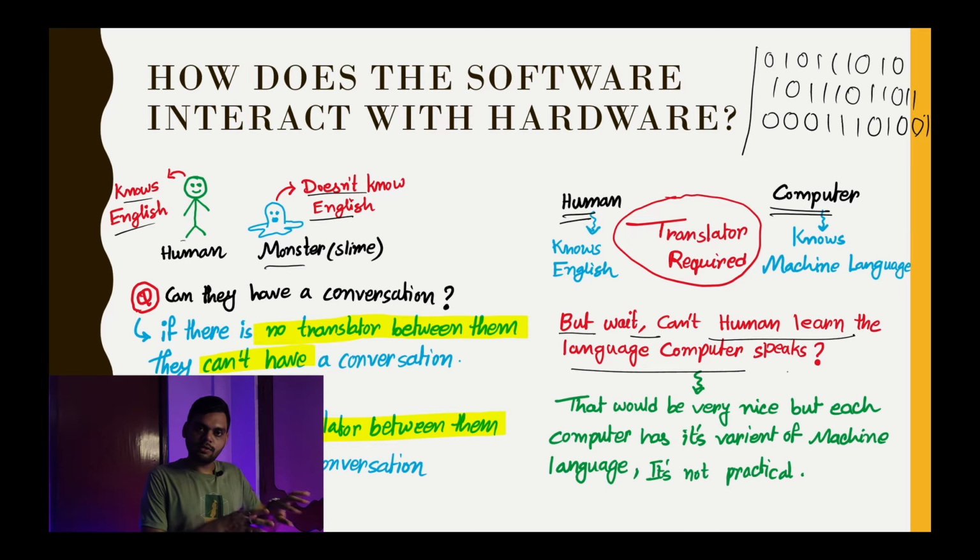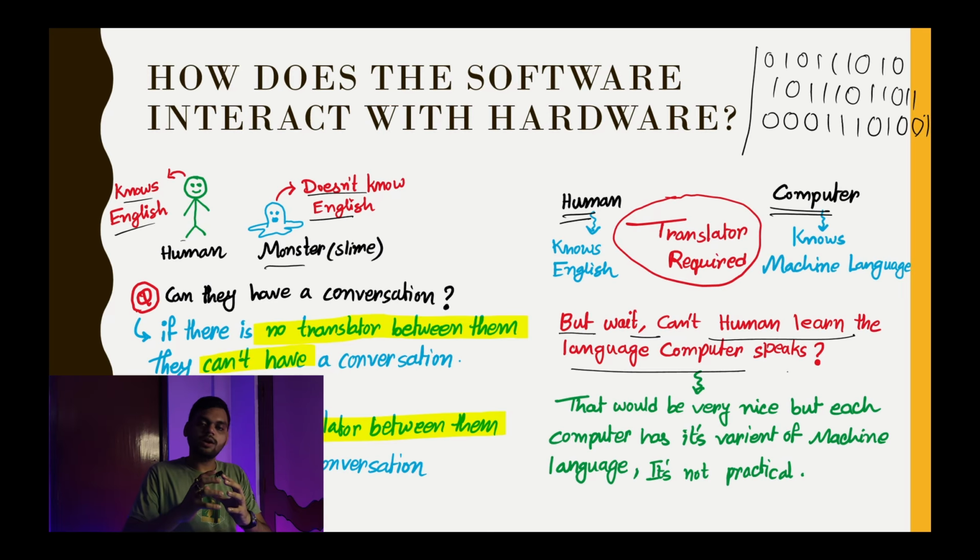To avoid the ambiguity in the English language, we have created another language that is called a programming language. We have created another language that is kind of similar to the English language, but it is unambiguous. It is crystal clear.